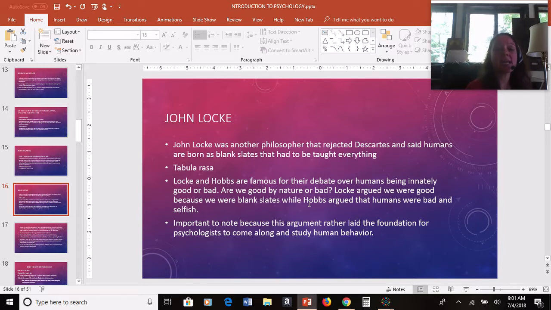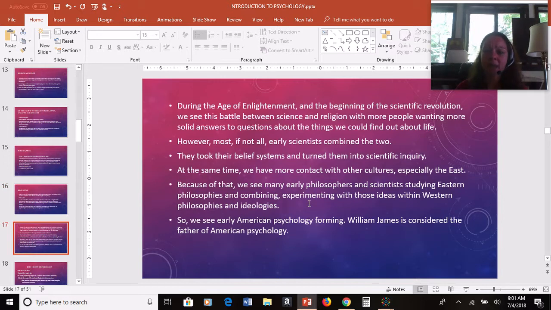Like I said, this argument was really foundational in paving the way for psychology to start studying human behavior, and it's a debate that even to this day we still go round and round with in psychology.